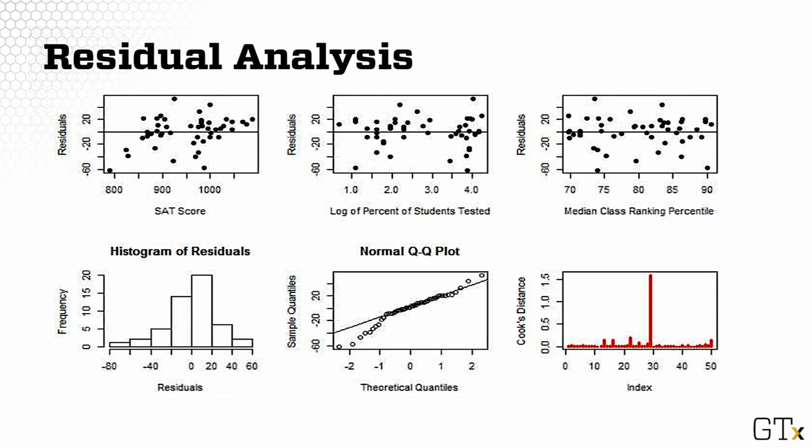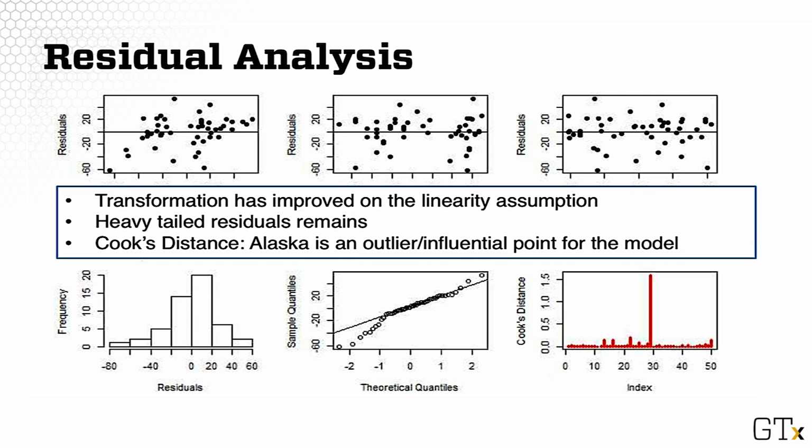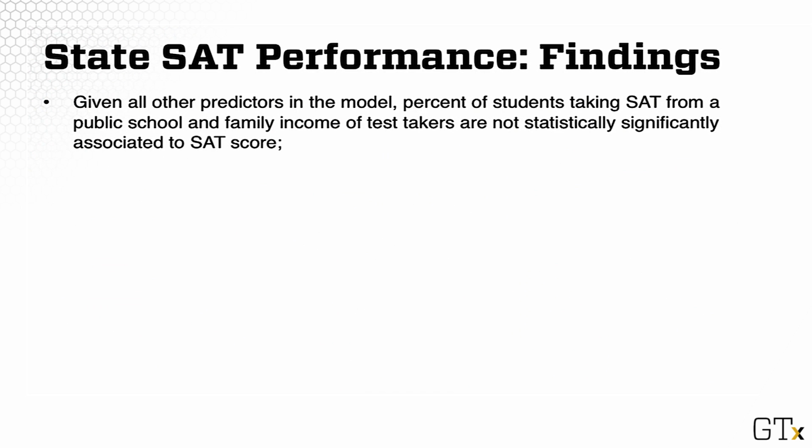So we see a change also in the statistical significance for expenditure. So let's review here. The transformation has improved the linearity assumption. We still have heavy-tailed residuals, and the Cook's distance shows that Alaska is an outlier, an influential point for the model. You would need to study this outlier further for a more comprehensive analysis.